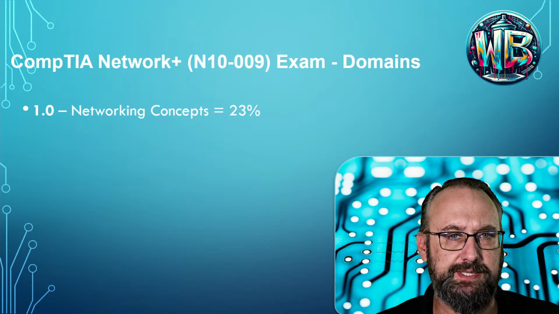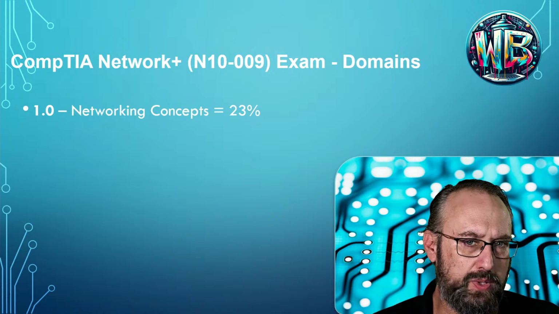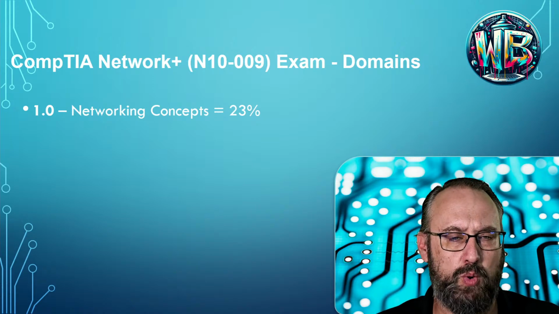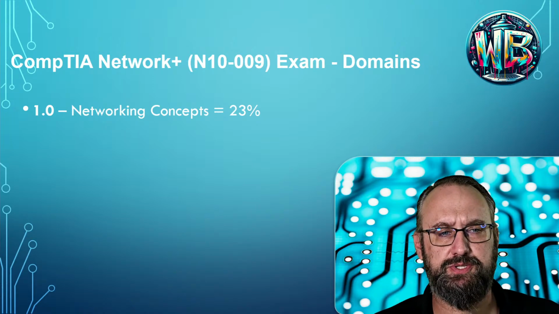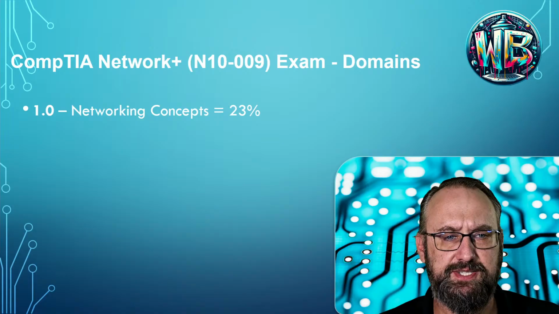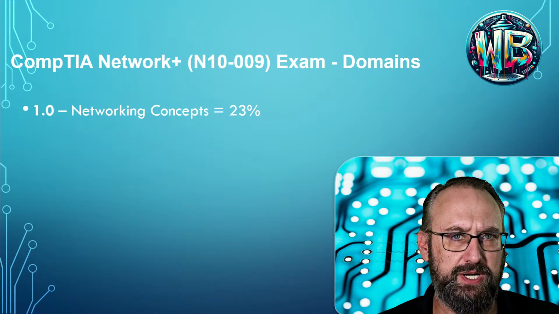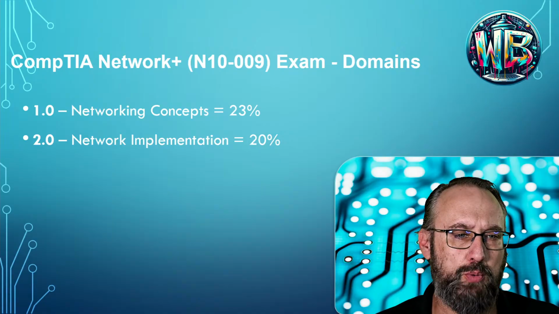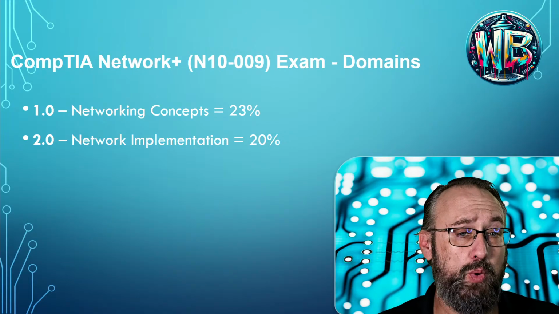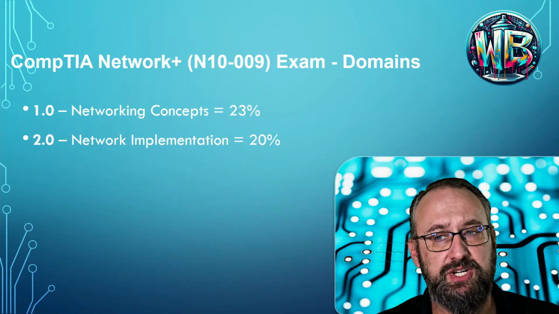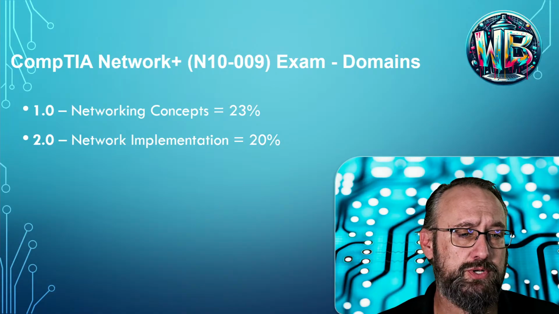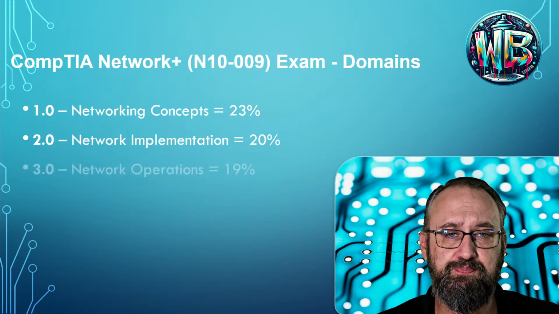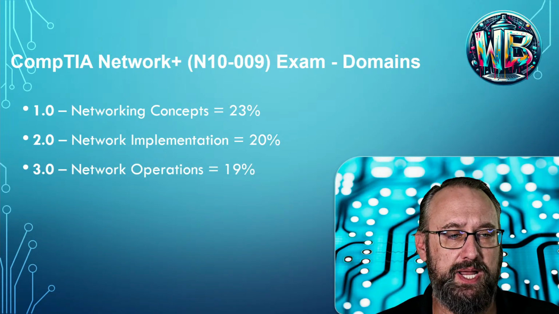We'll get to domain 5.0, which is the one that has the most at 24%. But I do want you to keep in mind that network concepts has a good bit of the weight on the exam. The next domain is 2.0, network implementation, and this ranks in at around 20% of the overall exam. We move into domain 3.0.